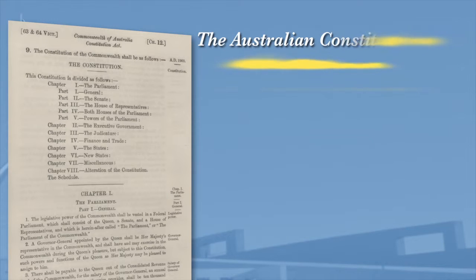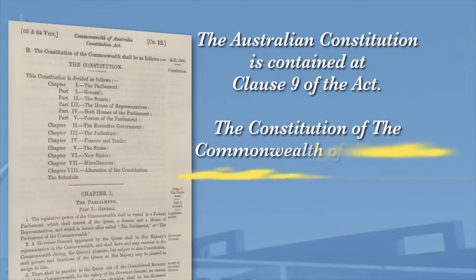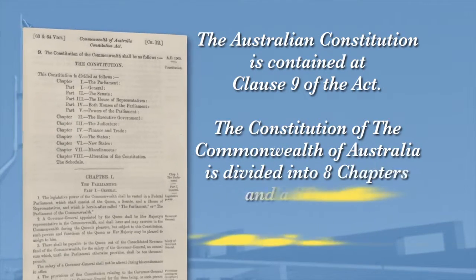The Australian Constitution is contained at Clause 9 of the Act. The Constitution of the Commonwealth of Australia is divided into 8 chapters and a schedule.